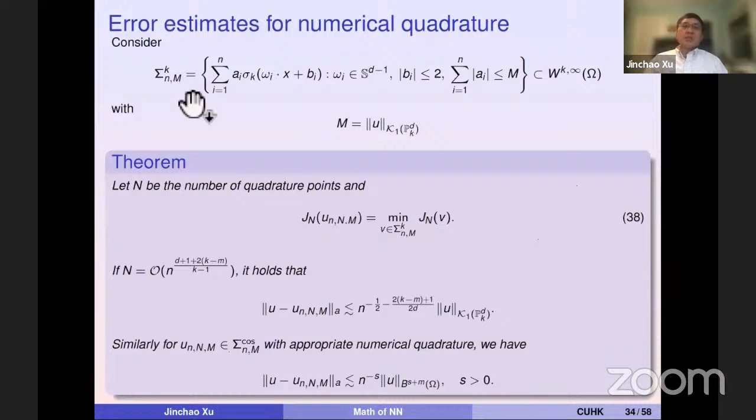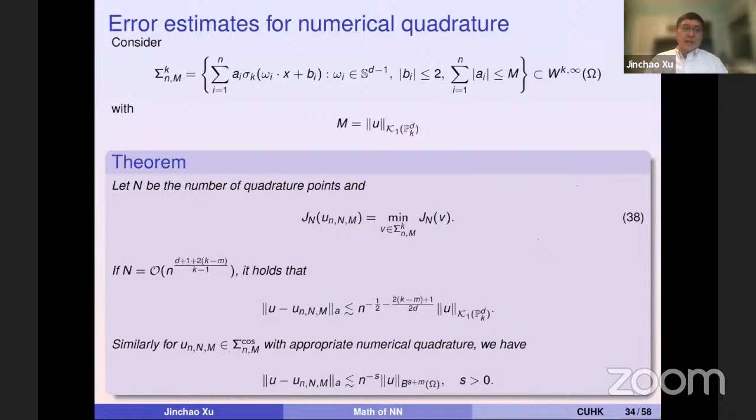For example, you do the sigma, ReLU to the k-th power, with n neurons, and you can prove this for the minimization problem here. You take the numerical quadrature points. If you do Gaussian, you get the optimal rate of convergence.